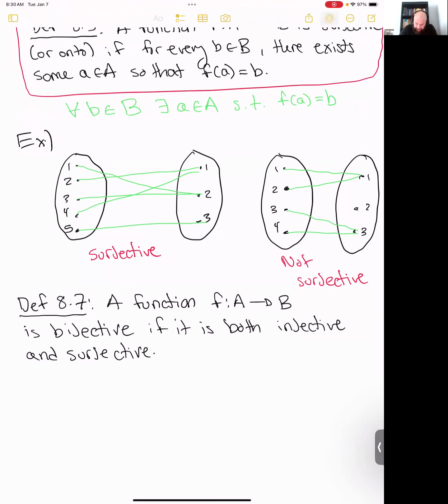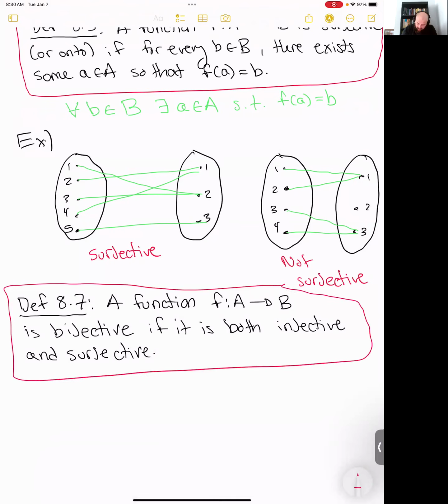Okay, so it's a definition where we just combine two other definitions, but it's very important. A bijection is going to be really important because it will preserve the cardinality of sets. I haven't really talked about cardinality of sets yet, but it means that the domain and the range will have the same size.